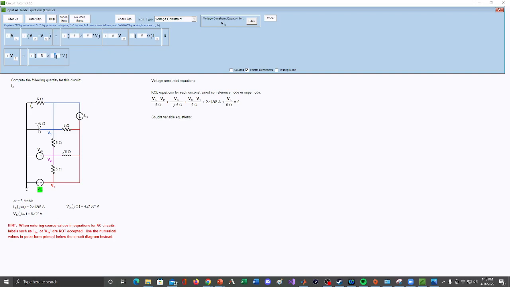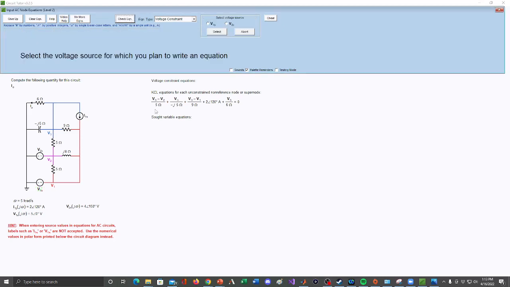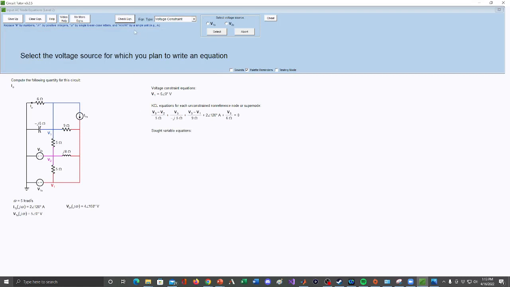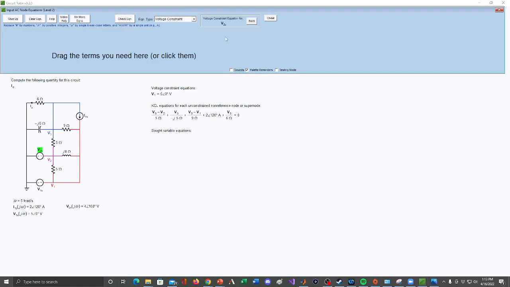5 angle 0. Hopefully the clicking and typing noises are reduced by my, I'm using Crisp, right? I think so. Okay, that should slightly clean up all the extra noises. I think that's the equation it wants. Then this one places a constraint on V2.